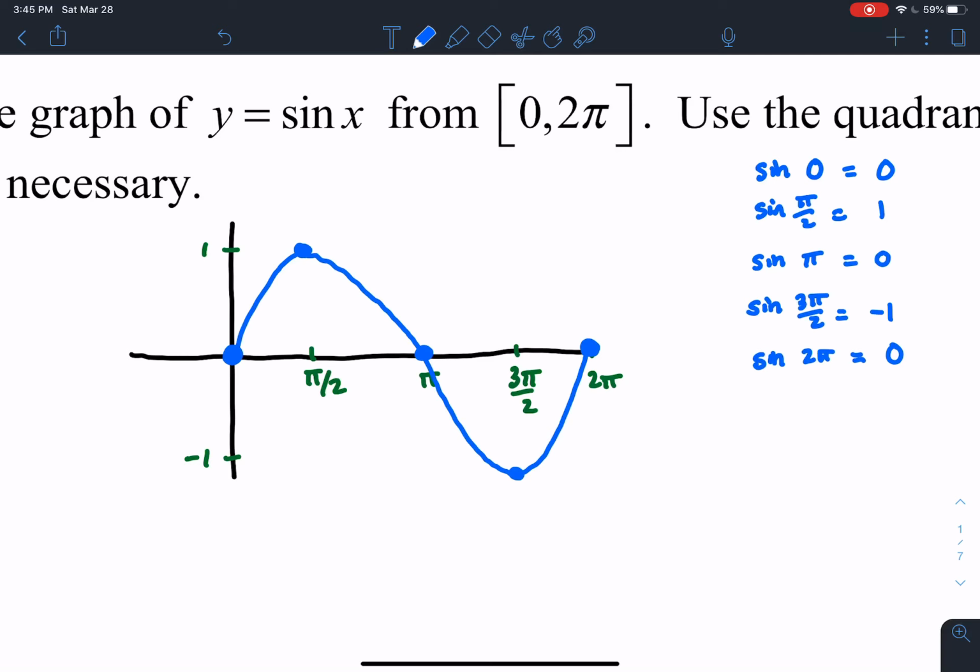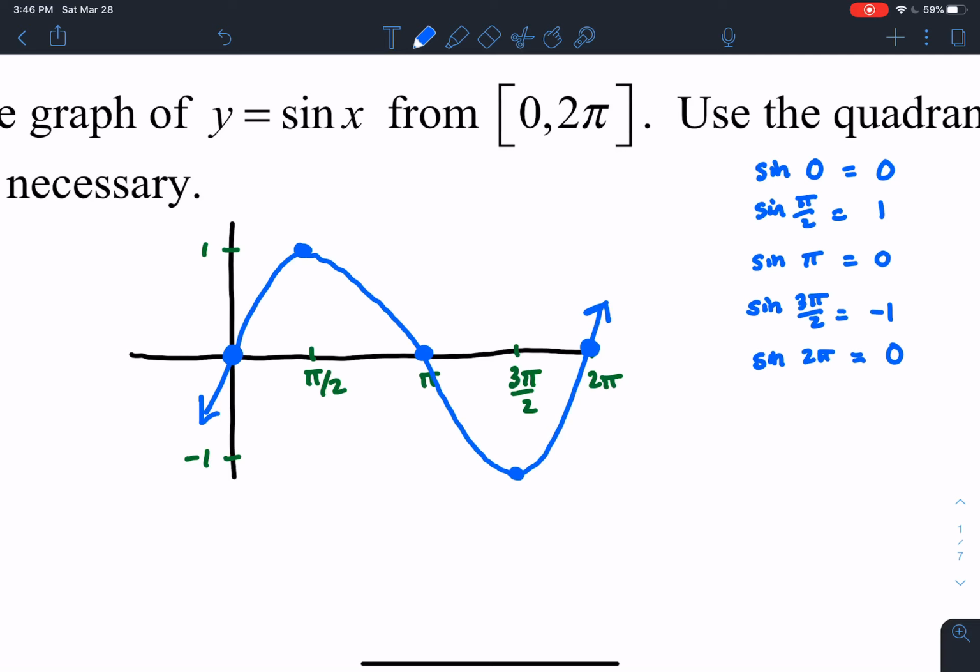Now, I don't want you to limit it between 0 and 2 pi, because sine can go on forever towards infinity and negative infinity. So draw little arrows right after those points, because that tells you the graph is going to keep going.